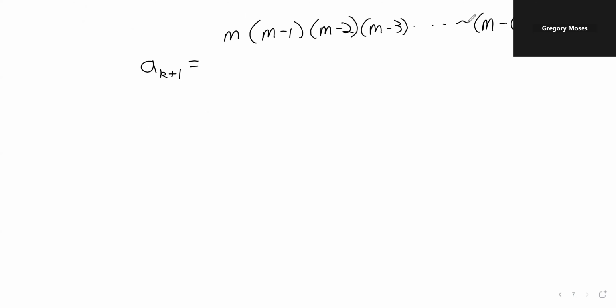M minus, and now we replace k with k plus 1. So we end at m minus k, m minus k minus 1 plus 1. The minus 1 and the plus 1 cancel.